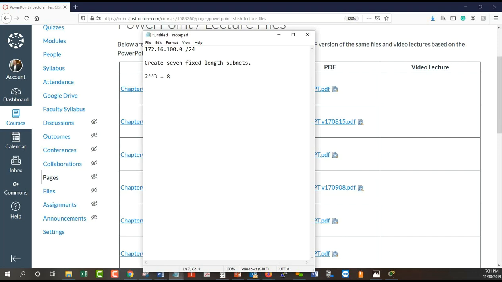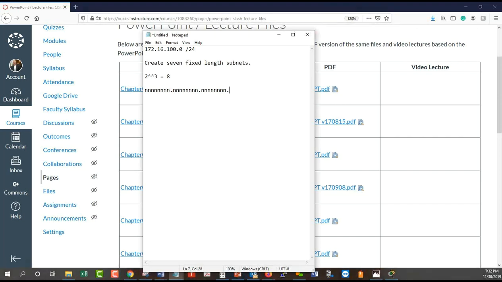So if we look at these 3 bits, these 3 subnet bits, there are our 24 bits, okay, that we said we had initially up above here.